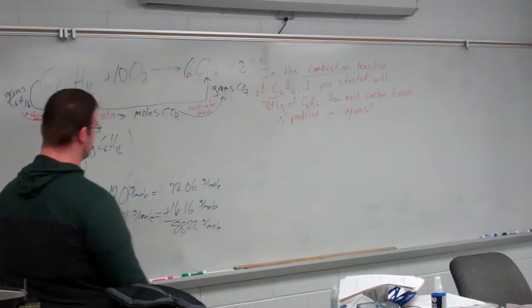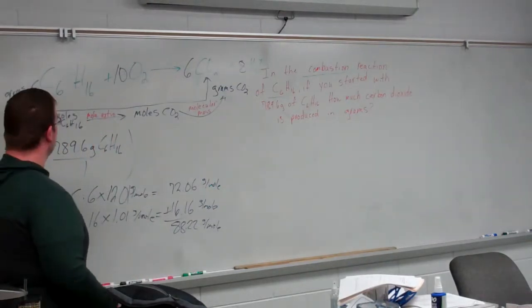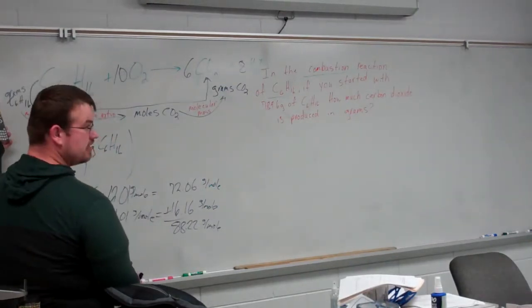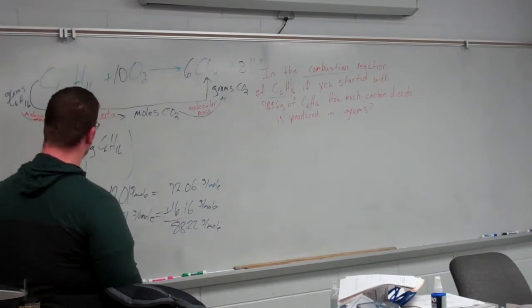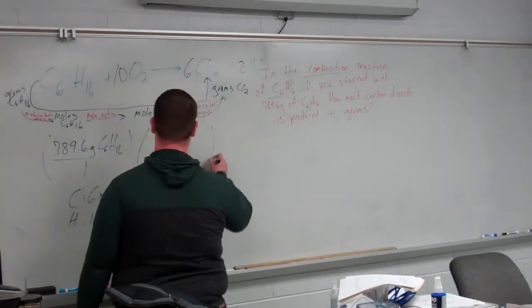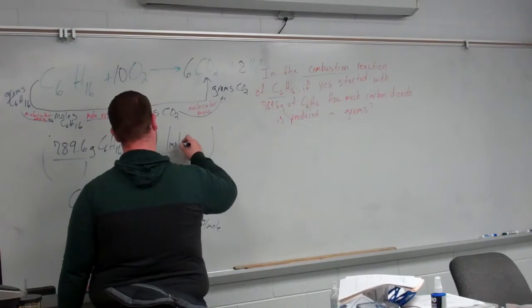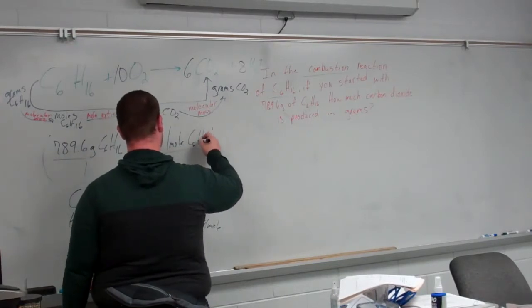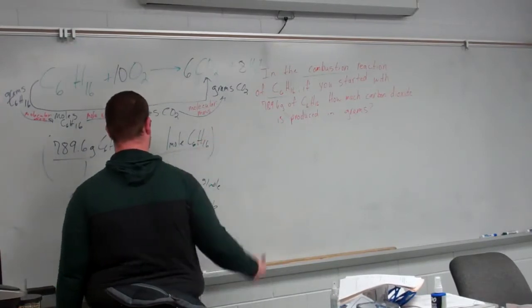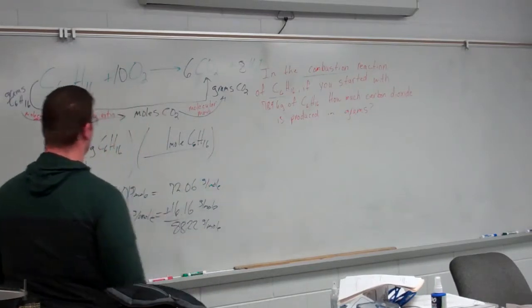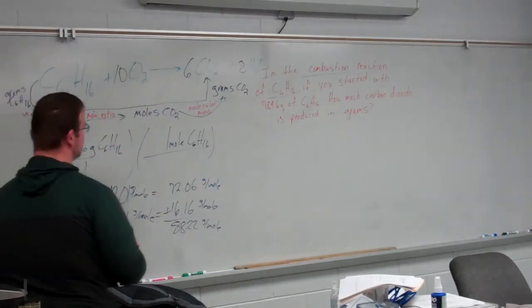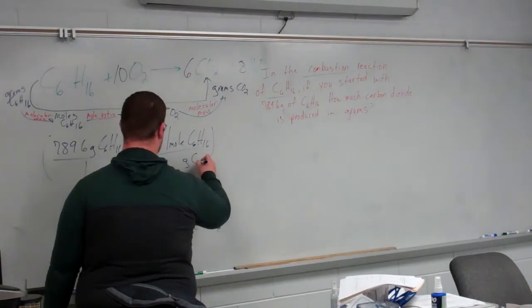So now you can start making some conversions with this, because now, look where we're starting. Grams of the C6H16. We're going to go to moles of C6H16. So 1 mole of C6H16, otherwise I won't be left with moles. I got to get grams to cancel, so grams of C6H16 goes on the bottom.